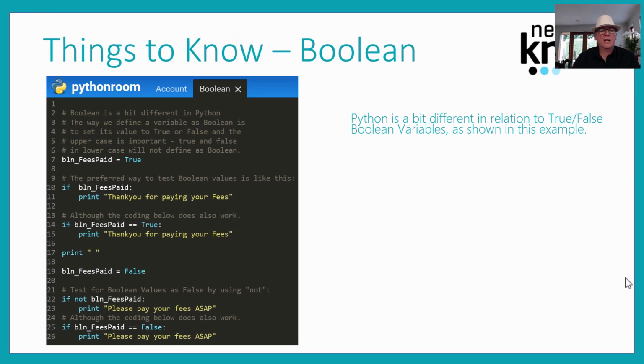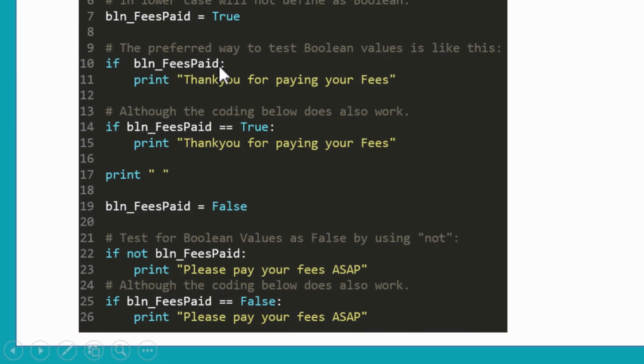Now the Boolean's a little bit different. The way Python likes you to do it is you set your Boolean that they've paid their fees here to true, but the preferred way of doing the coding is to just say if Boolean fees paid, okay? And then have a message output onto the screen. You can code it like we would in Visual Basic, where you put if Boolean fees paid double equals true, thank you for paying your fees.